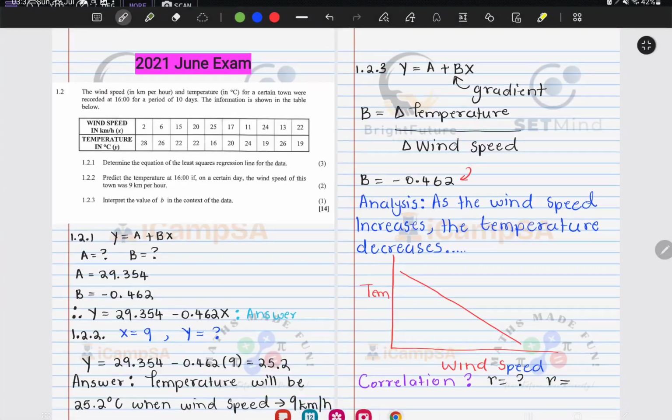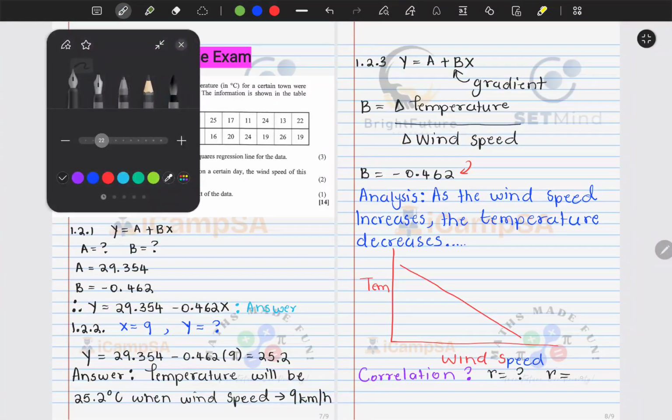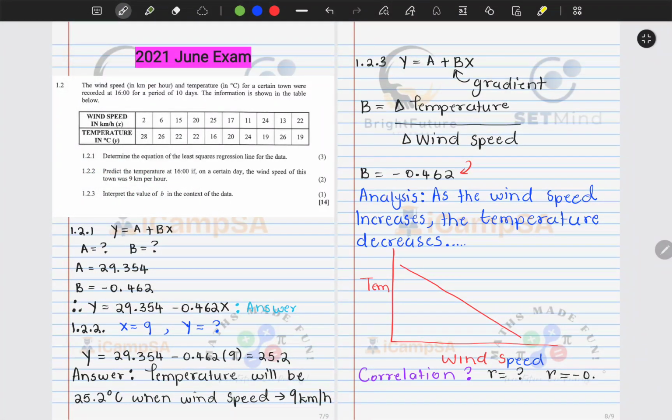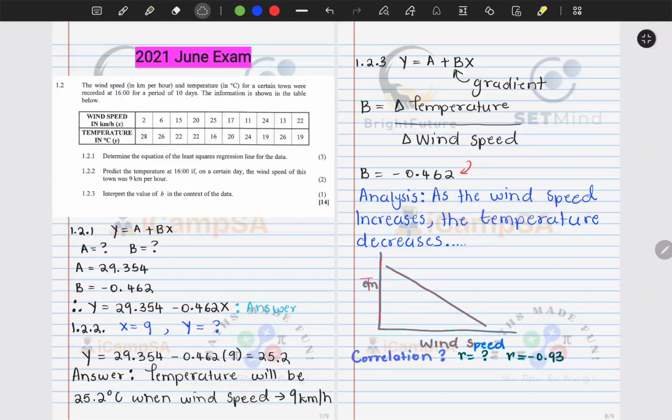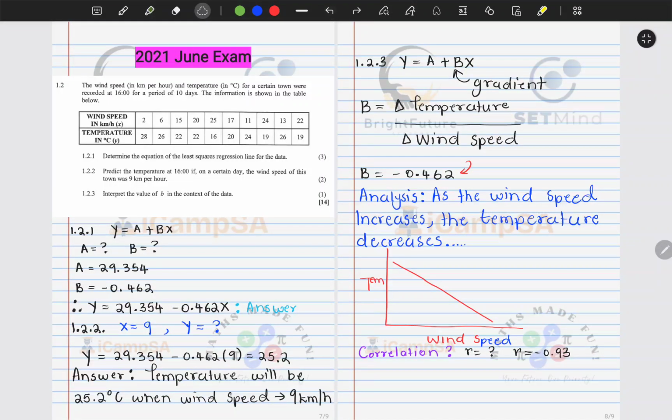So it's negative 0.93. So R is negative 0.93. So it's above 0.9. So we can say we have a strong correlation. Okay. But for this case, it's going to be a strong negative correlation. Hope you guys are able to make sense of that.